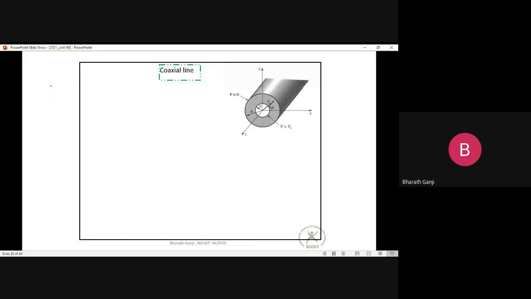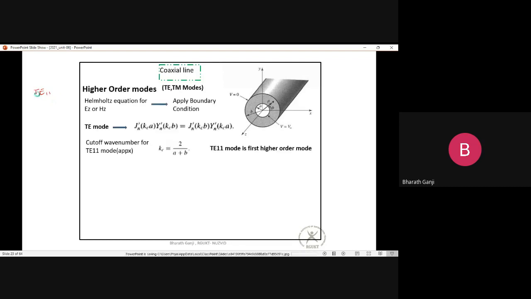But we saw that the next higher order mode that comes into the picture is the TE11 mode, and we had the cutoff frequency formula for the TE11 mode. So from here, I can derive the cutoff frequency formula. This is the cutoff wave number. If you ask me what the cutoff frequency is, when k is exactly equal to kc, that is when you have the cutoff frequency.